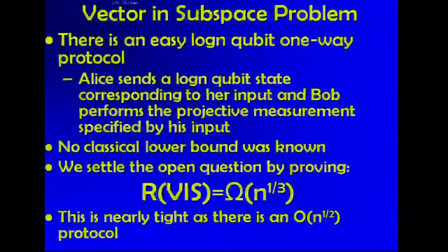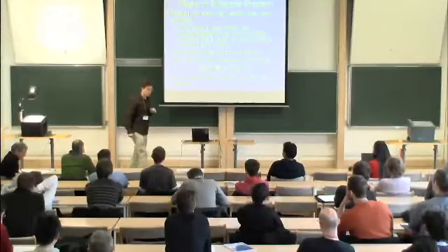This is a very good exercise in high-dimensional geometry. Try to figure it out. You can find it in Raz's paper. So there's a nice protocol solving this with only square root n communication, and the lower bound is nearly tight. We believe the upper bound is the right answer, but I'll mention more about this later.